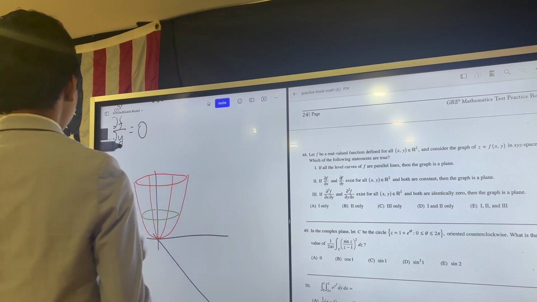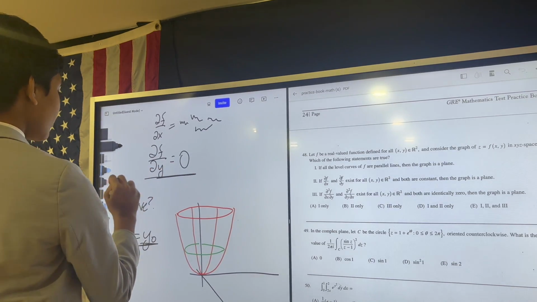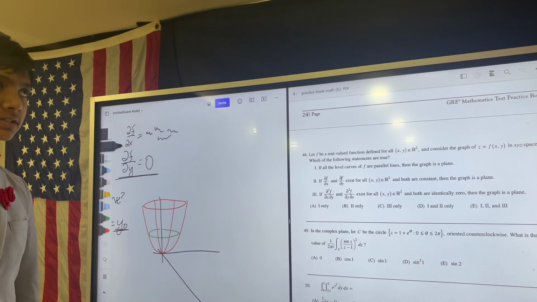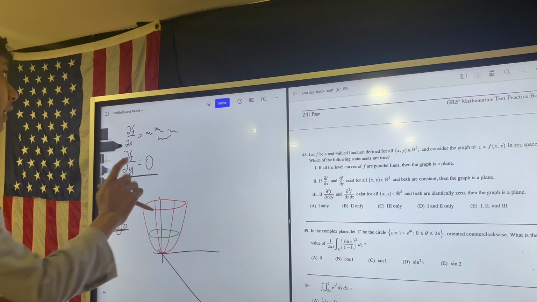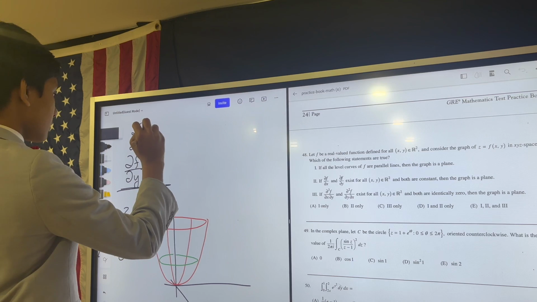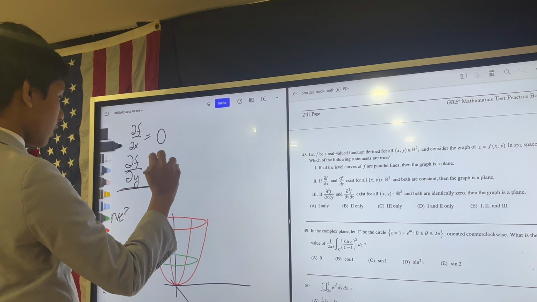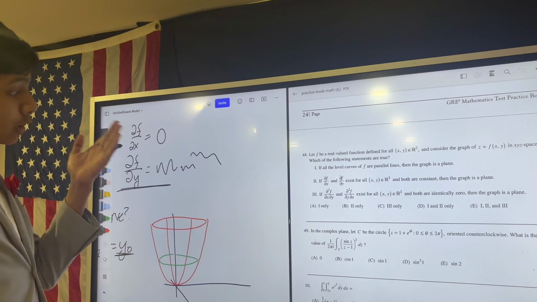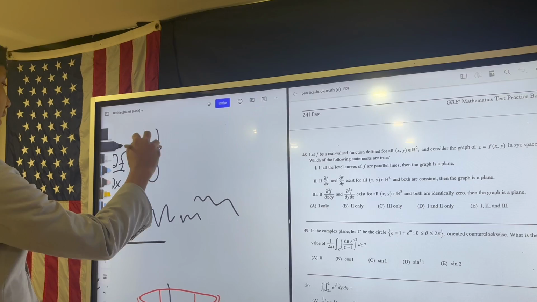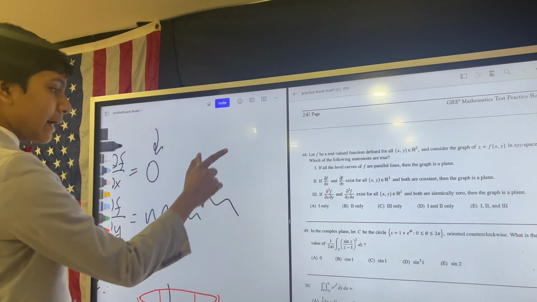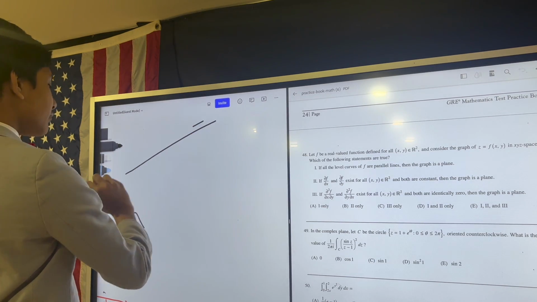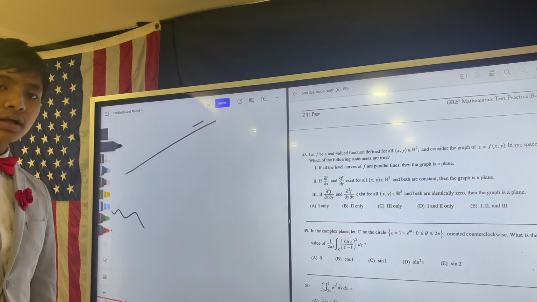Why, you might ask? Well, if partial f partial y is equal to 0, then that means that the function doesn't... Oh, it should be the other way around. If partial f partial x is 0, that means the function doesn't depend on x at all. So no matter what you change x to, the function will still always be at y naught.